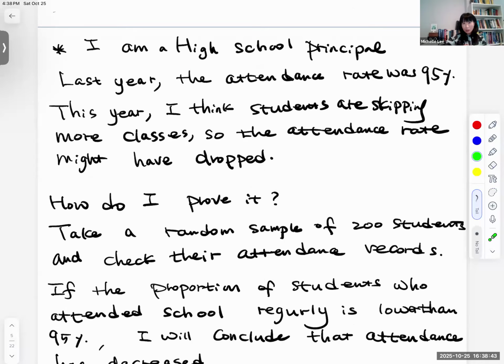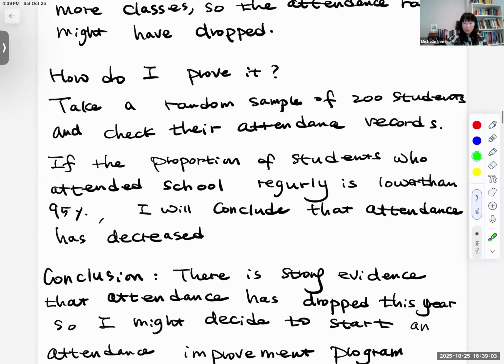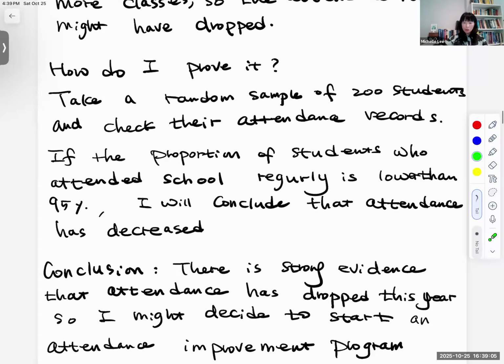Okay, I have another story here. I am a high school principal. Last year, the attendance rate was 95%, which is good. But this year, I think students are skipping more classes, so the attendance rate might have dropped. So how do I prove it? Take a random sample of 200 students and check their attendance records.